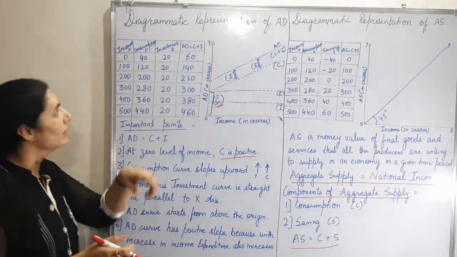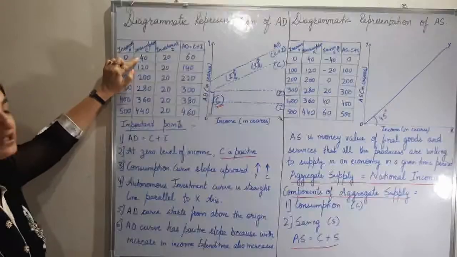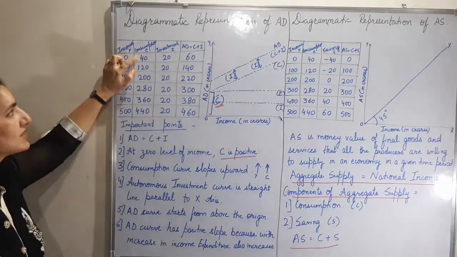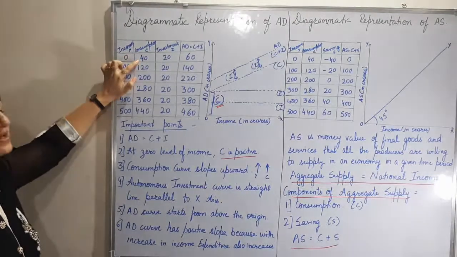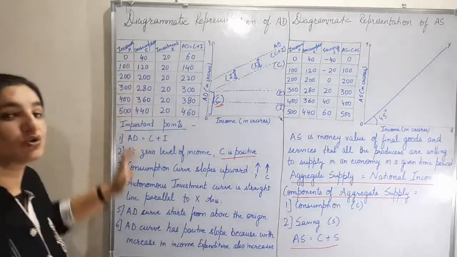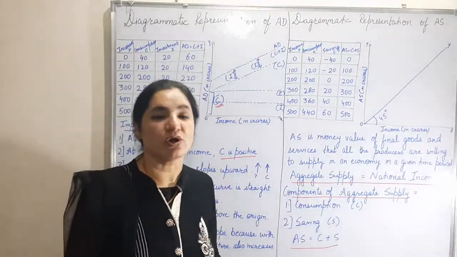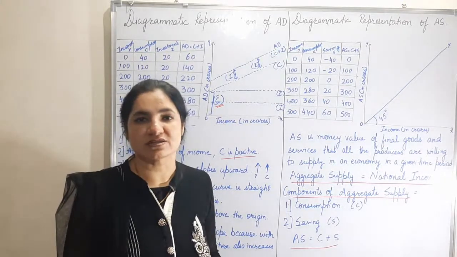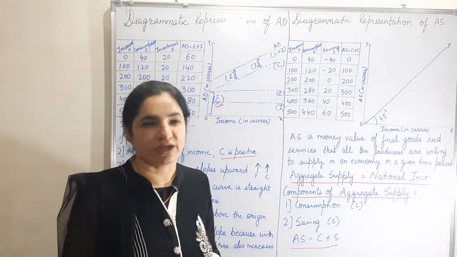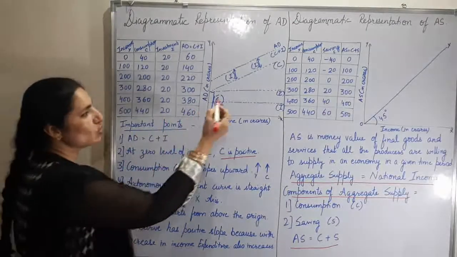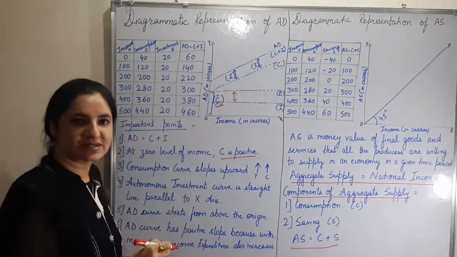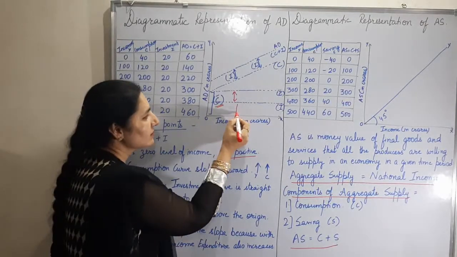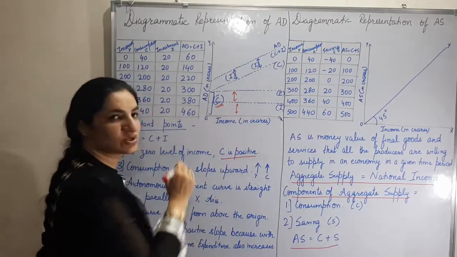It means that here we are keeping this 40 as autonomous consumption, because even at zero level of income, a person is required to consume. So whether he is an earning member or not, he will definitely consume 40 value of consumption. So this is that consumption which is constant. This is that investment which is constant.